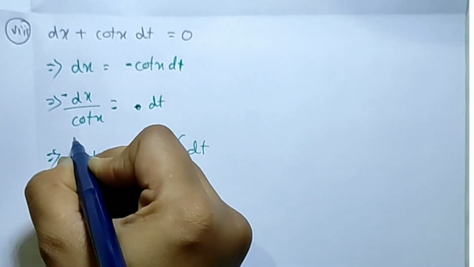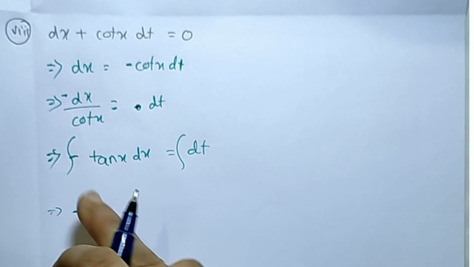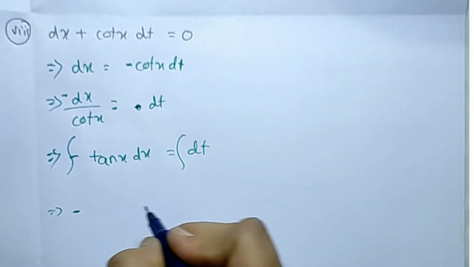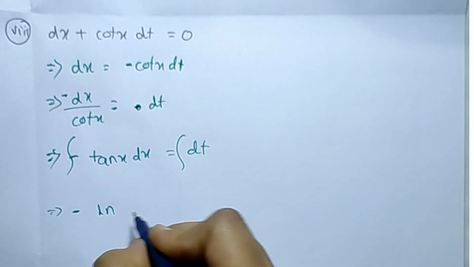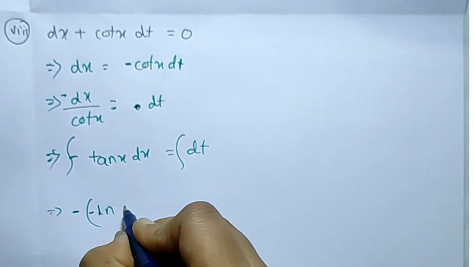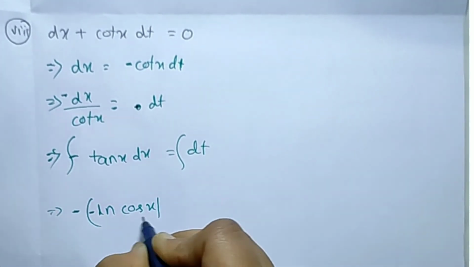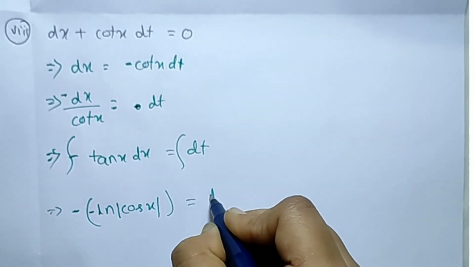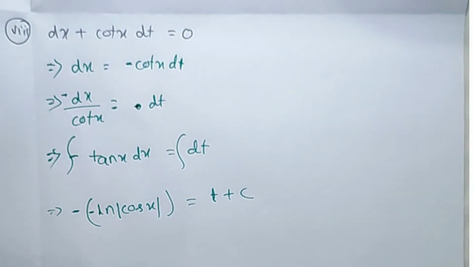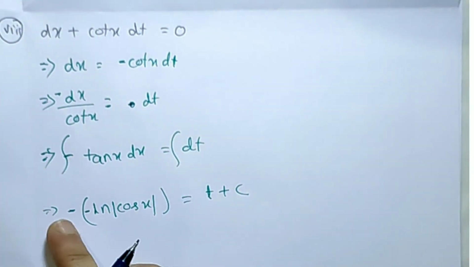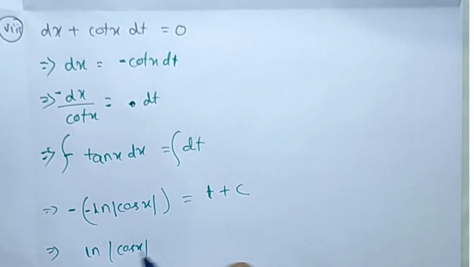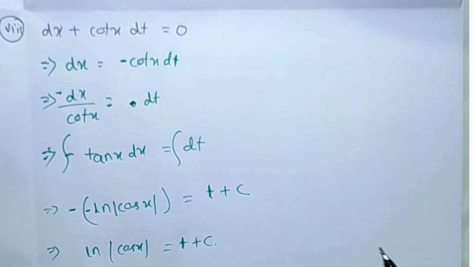Now integrating both sides, the minus sign will be outside the integration, and the integration of tan x is minus ln cos x, is equal to t plus c. So this is minus minus plus, which implies ln of mod cos x is equal to t plus c.